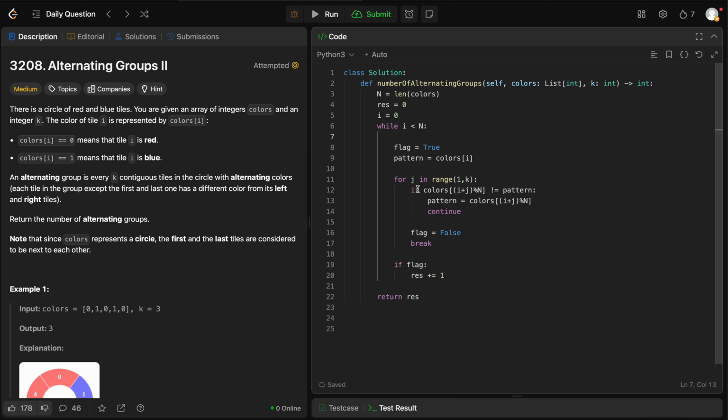For j in range 1 up to k, colors of i plus j. So if flag is true, then res plus equal 1.